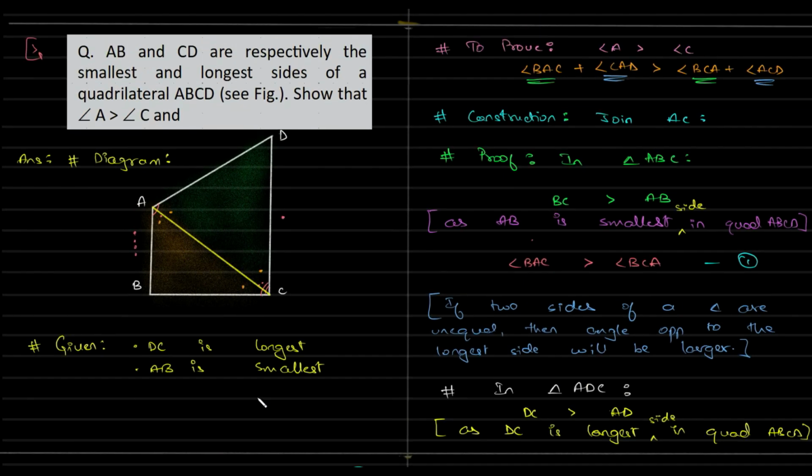So again, learn to think in maths. The topic was related to inequalities of triangles, but we didn't have a triangle to begin with. So I converted it by doing a construction, and then it was quite simple. This is how you have to learn to think. So pause and think over, write down.